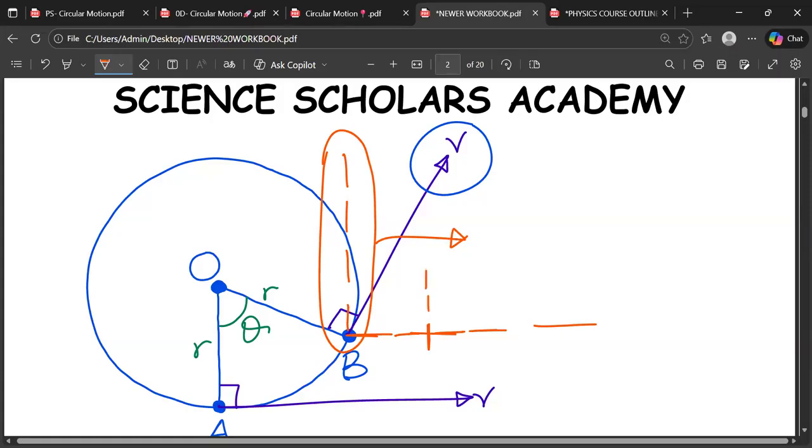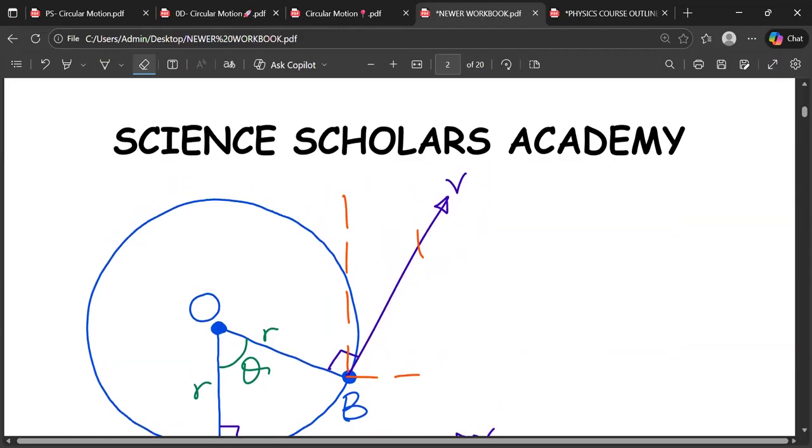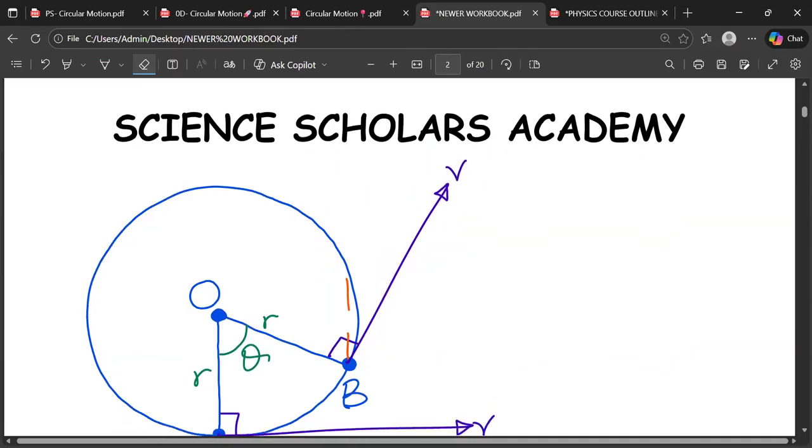Then I shift my vertical component this side. When I shift it, hope you will get it. Now the problem will be about the angle, but you will understand. So I'm going to have the horizontal component on the other side with the vertical component.